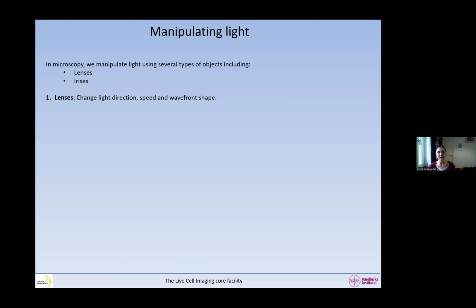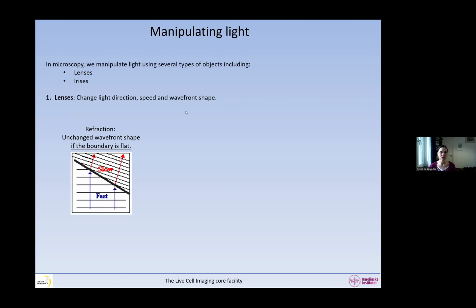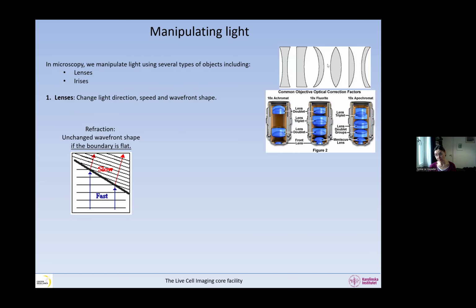Then we change the direction of light, we change its speed, and we change the wavefront. The wavefront is not changed only if the boundary is flat, but lenses come in lots of different shapes. Sometimes they have a flat edge, but even then they only have one, and the other is not flat. So in lenses, we always have at least one side that is not flat.